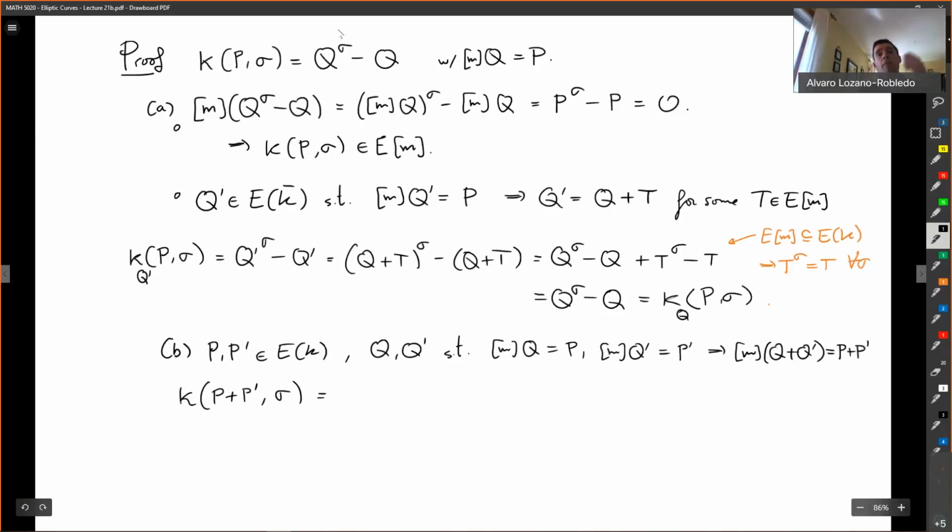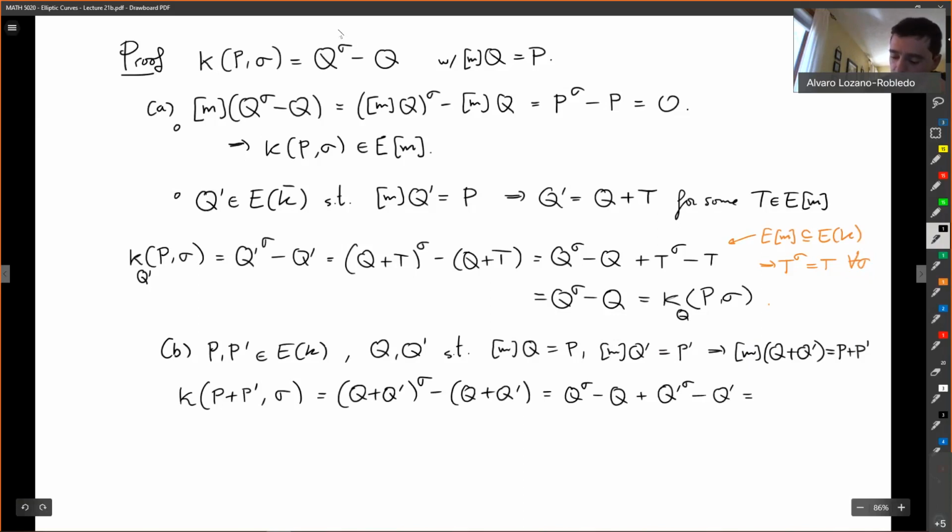So an M pre-image of P plus P prime is Q plus Q prime. So I can put Q plus Q prime as my Q, sigma minus (Q plus Q prime). And if I distribute, this is Q sigma minus Q plus Q prime sigma minus Q prime, and that is kappa of P at sigma plus kappa of P prime at sigma. So it is bilinear on the left.